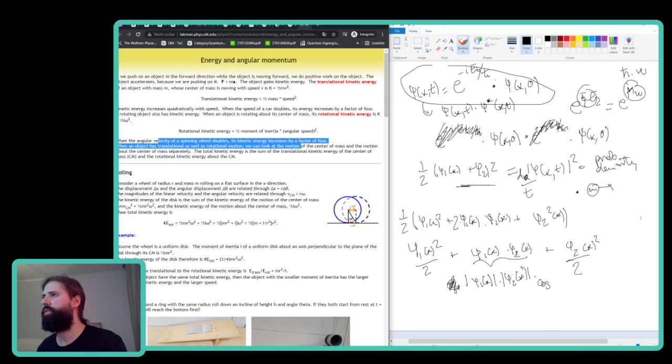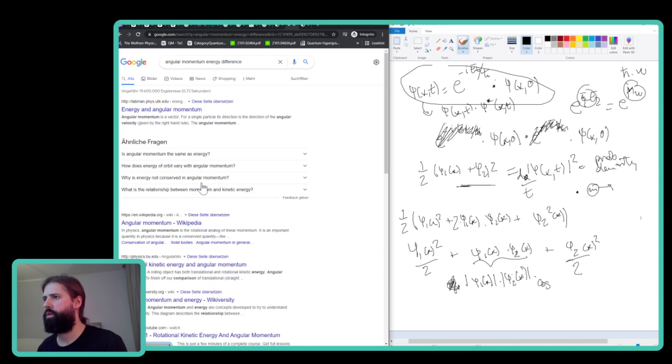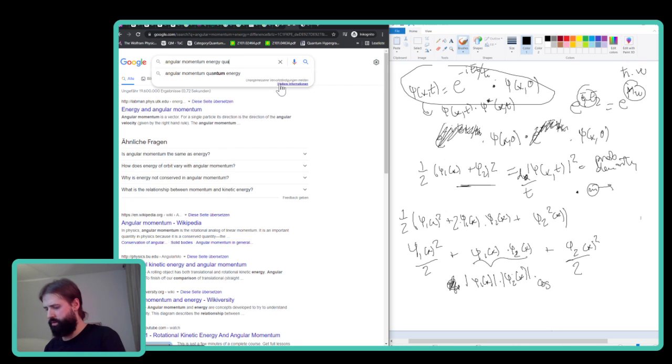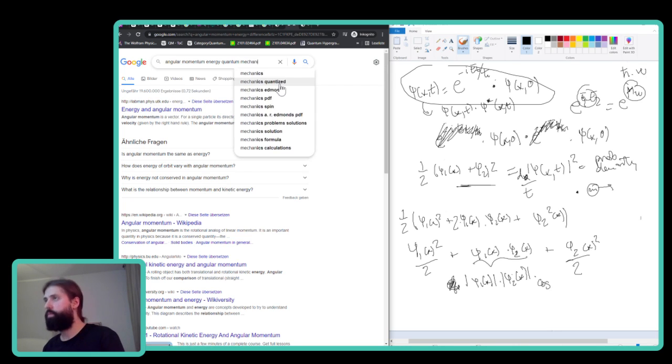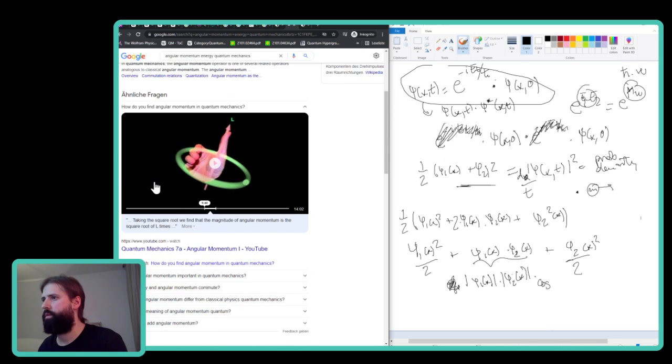It's how fast the angle moves, I guess. Angular momentum. Yay.